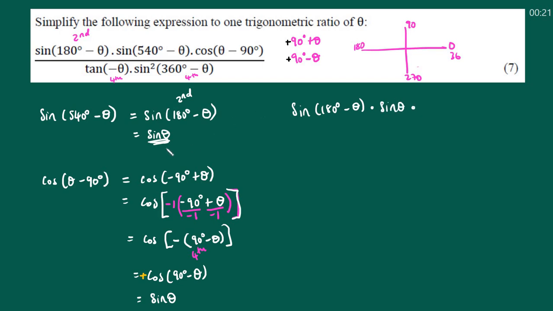And the other one we reduced to sine theta again. So we are already good there. Then at the bottom you have tan negative theta, and then a squared. Remember, for a squared, what do we do? A big bracket. Then you say sine 360 degrees minus theta, and then you say a squared outside.